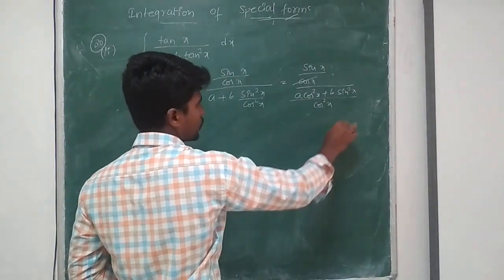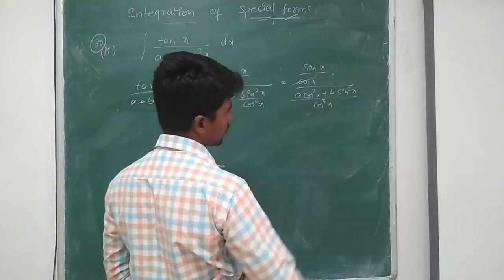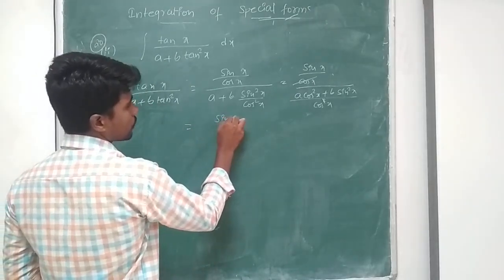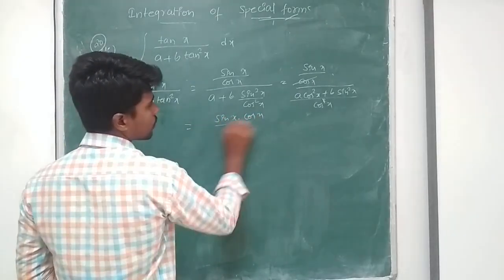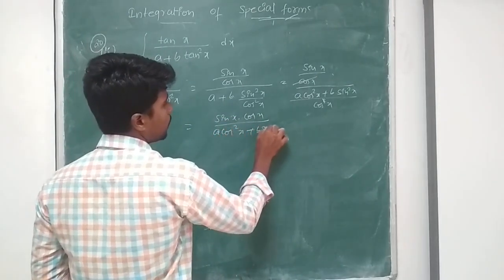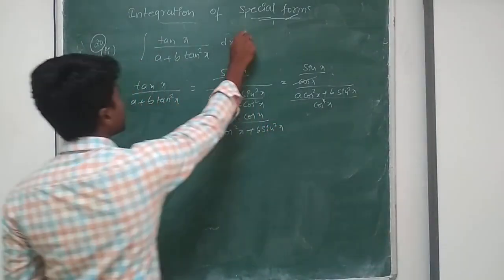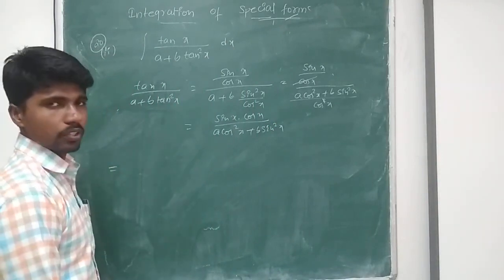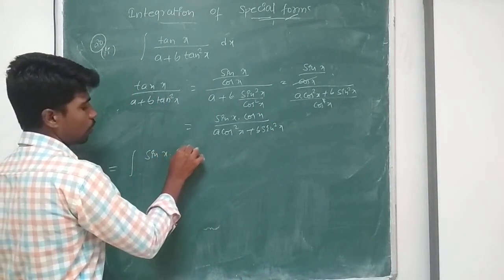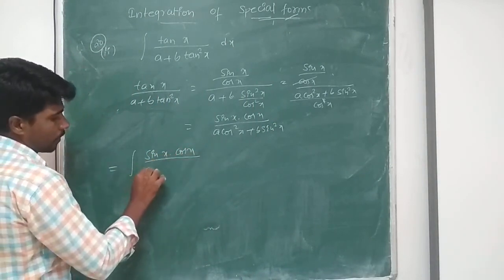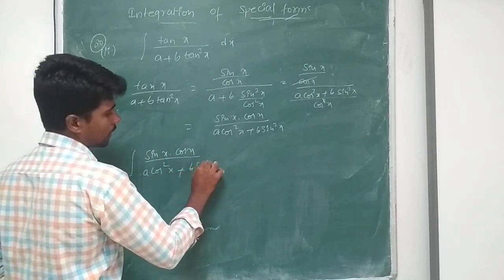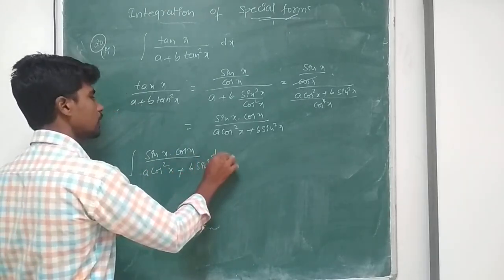So cos square will get cancelled. If I take the reciprocal, I get sin x into cos x by (a cos square x plus b sin square x). So the given integral is changed to the form integral of sin x into cos x by (a cos square x plus b sin square x) dx.